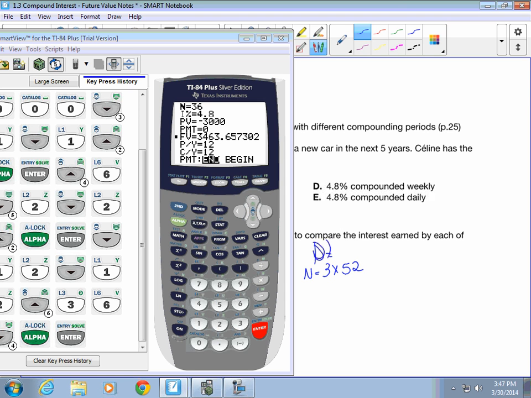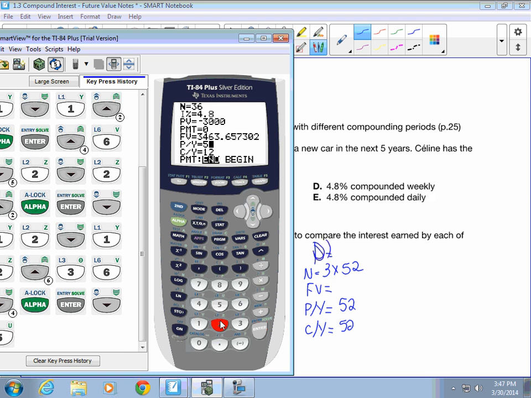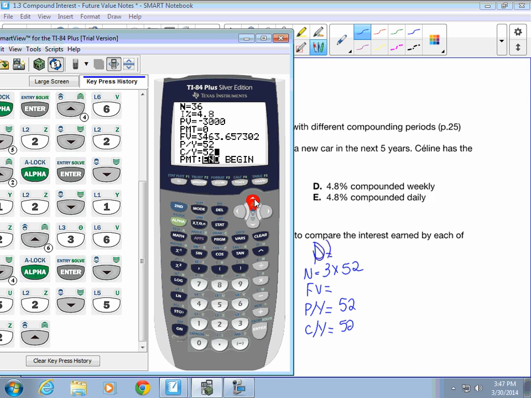Interest is the same, present value is the same, future value we're trying to find. Our P per Y is 52 times, and our compounds per Y is 52. So this changed to 52, PY 52, CY 52, up at the top.